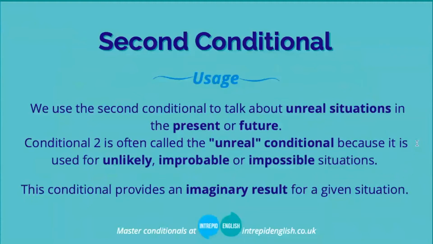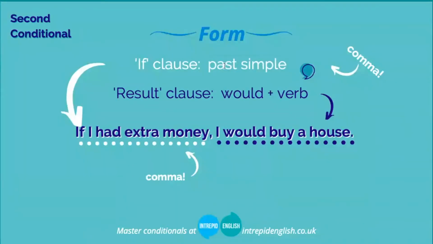But this one talks about imaginary, impossible, or unlikely situations in the present or future. Now that can be quite confusing for people because in the if clause, we use the past simple, but we're not talking about the past. So that's what's confusing for a lot of people.